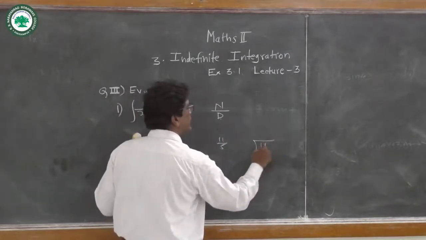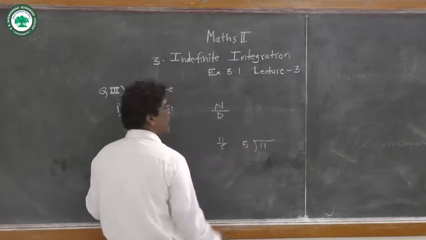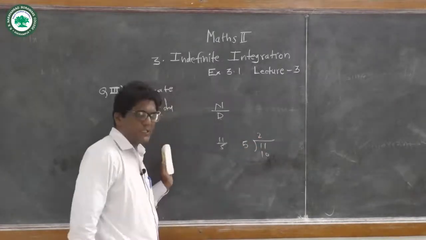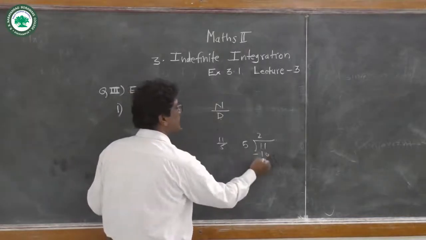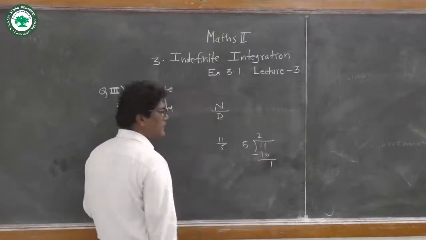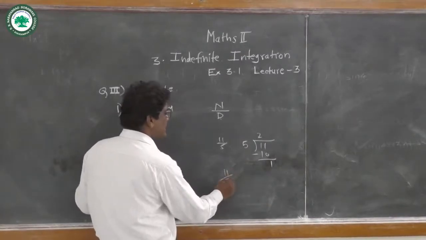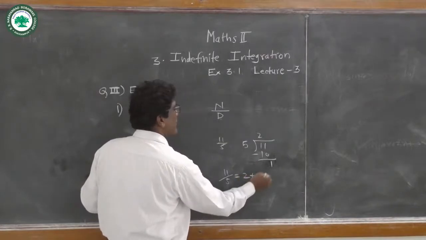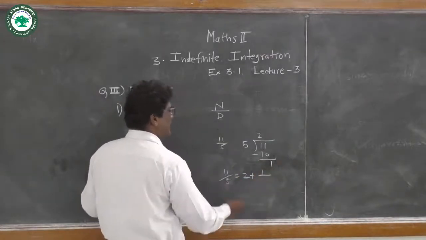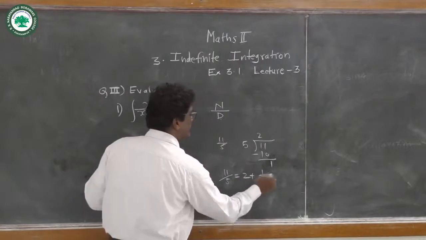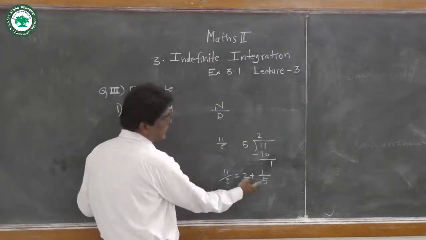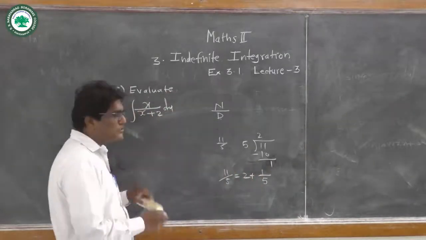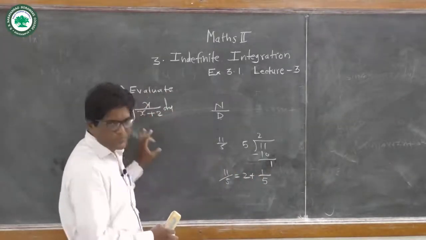We take the number 2, since 2 fives are 10, and subtract: 11 minus 10 gives 1 as the remainder. So we write 11 upon 5 as the quotient 2 plus the remainder 1 divided by the denominator 5. Check: 5 into 2 is 10, 10 plus 1 is 11, so 11 upon 5.